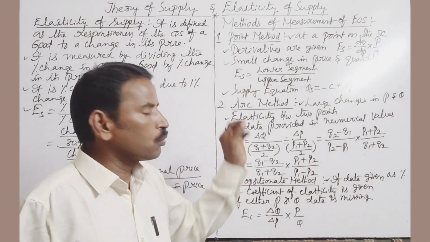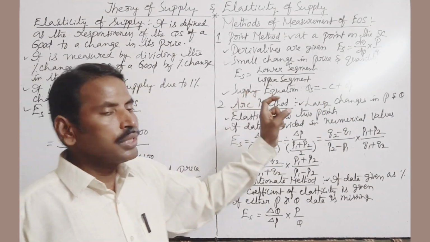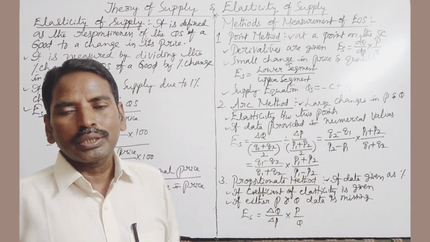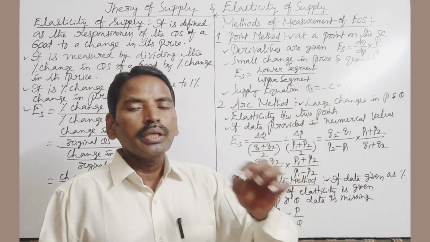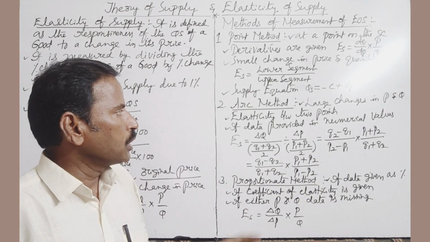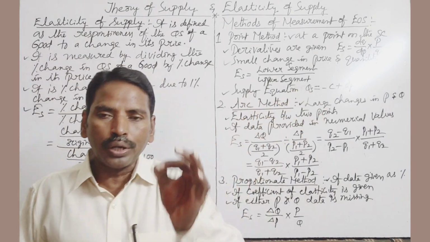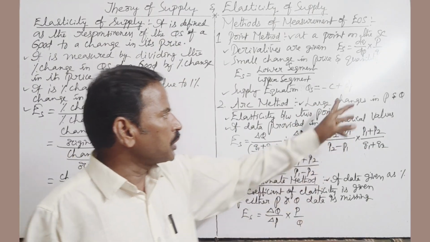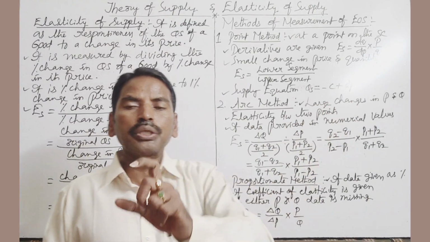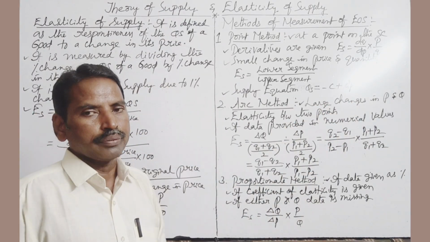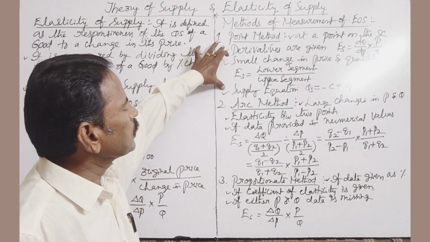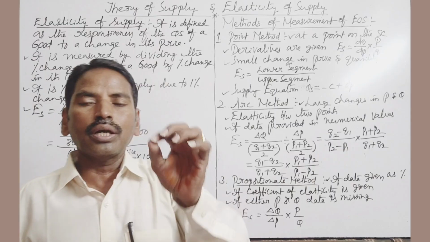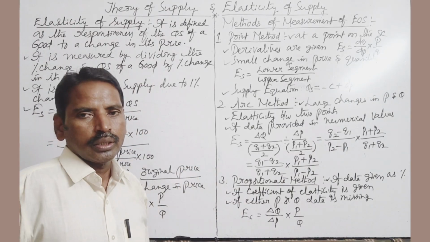QS is equal to quantity supplied, C is constant, D is the slope of the supply curve, P is the price of the commodity. This is the method that is called point method to measure price elasticity of supply.